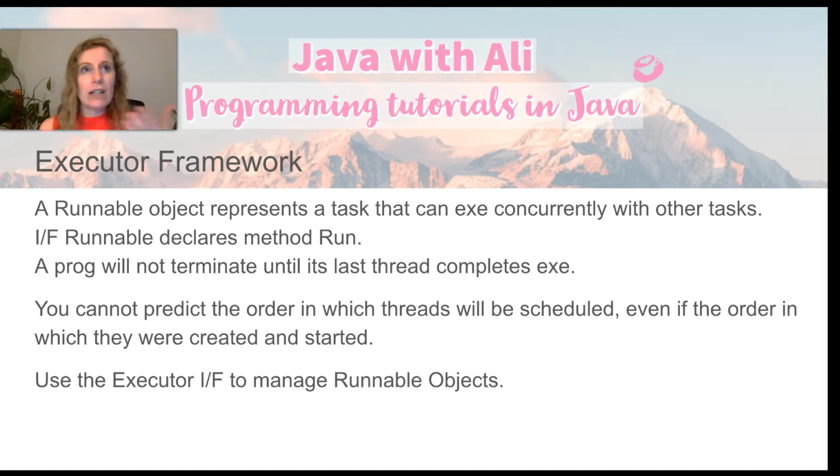If you think of the whole gym as being the program, it doesn't shut down until everybody's gone. You cannot predict the order in which the threads will be scheduled, even if you know the order in which they were created and started. So use the Executor interface to manage Runnable objects.